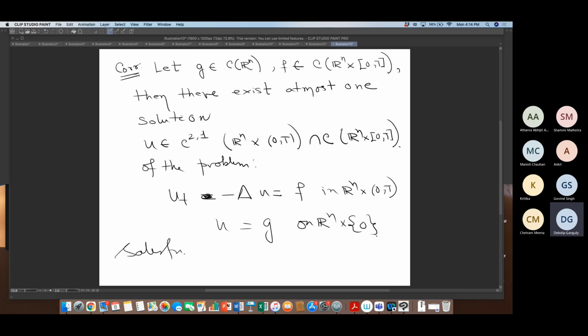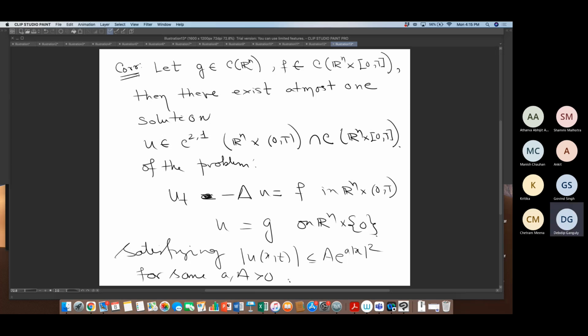This is important because we cannot apply the maximum principle unless you have this condition, for some positive a.